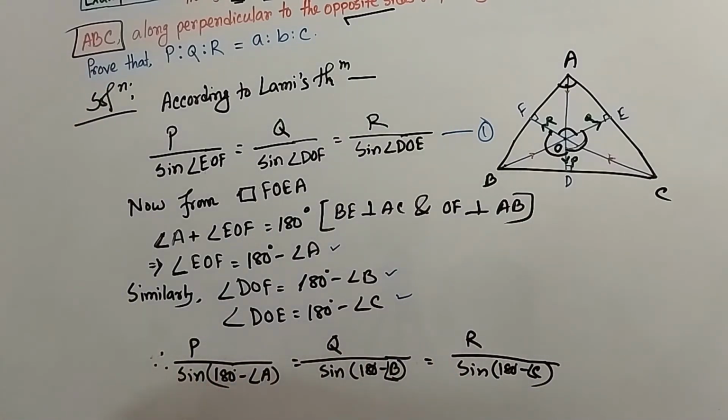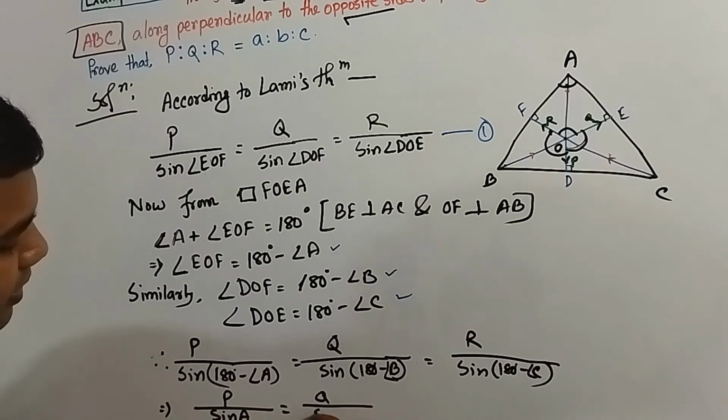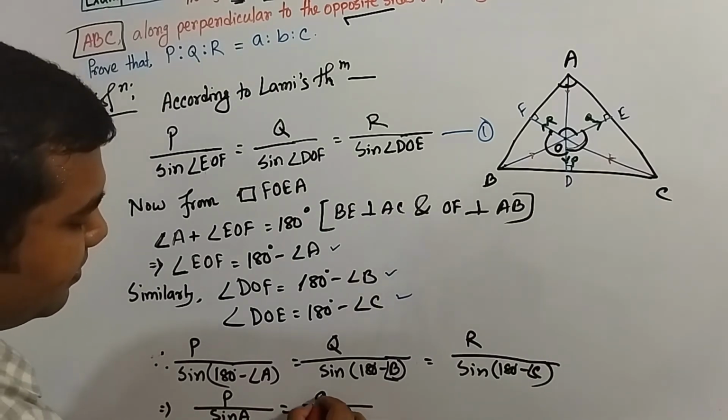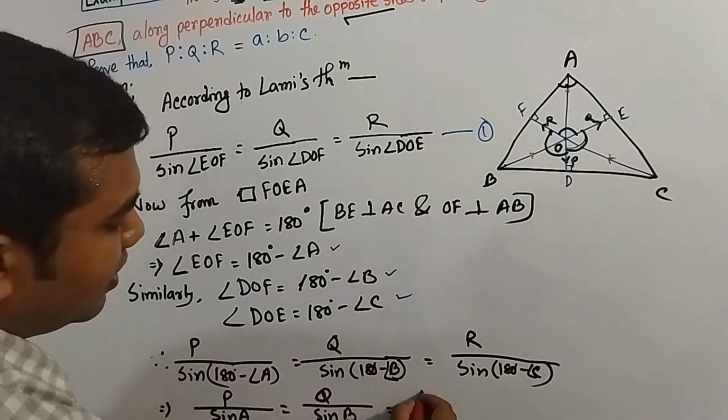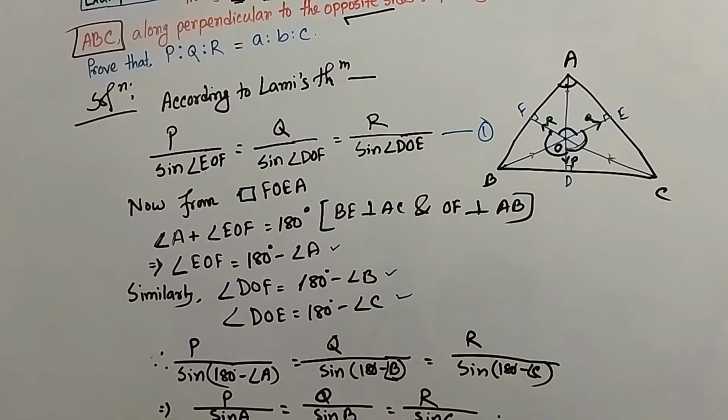Now if we calculate, then what can we write from here? Obviously it should be P over sine A, Q over sine B, R over sine C.